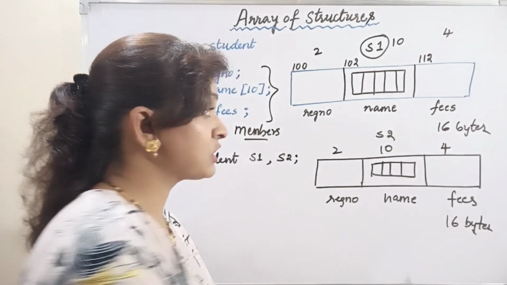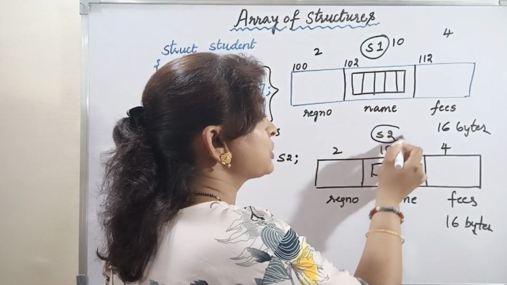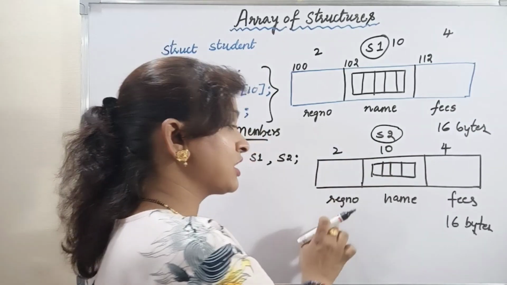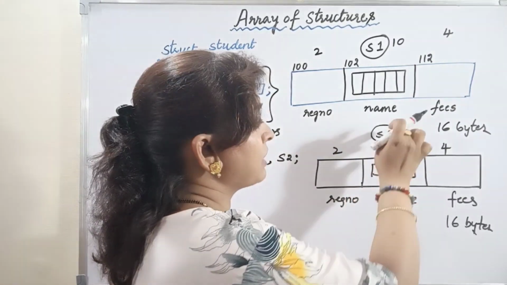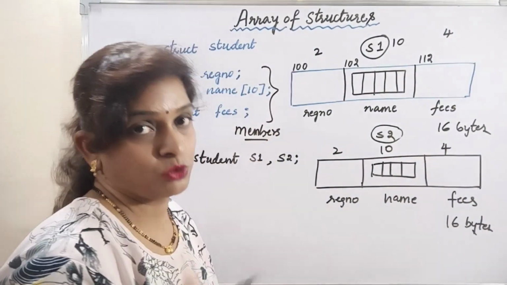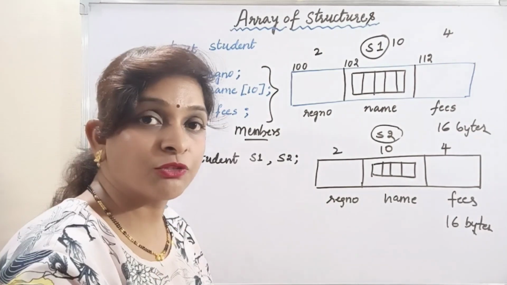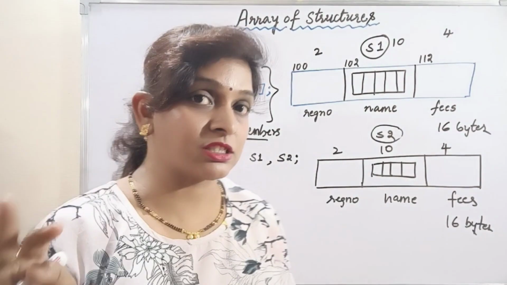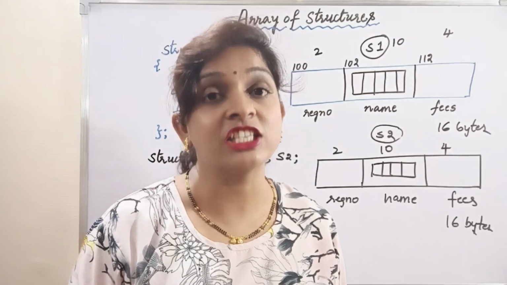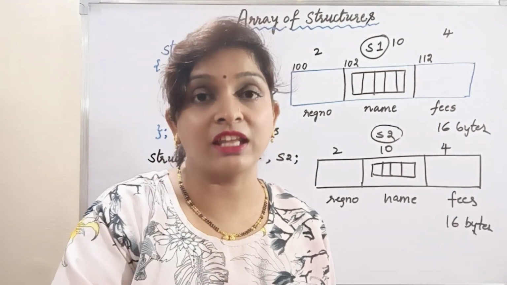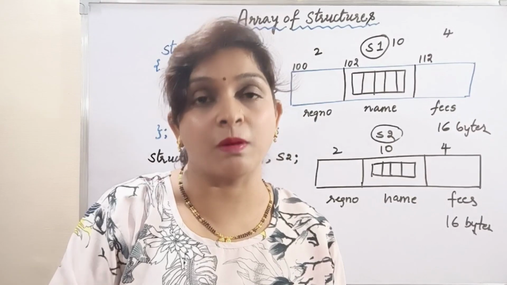Then again I need to accept the values for the second student. I should say S2 dot register number, S2 dot name and S2 dot fees, to accept the values as well as to print. If I go with S3, S4, S5, it goes on like this. So it's quite difficult to manage individual variables and access the members.